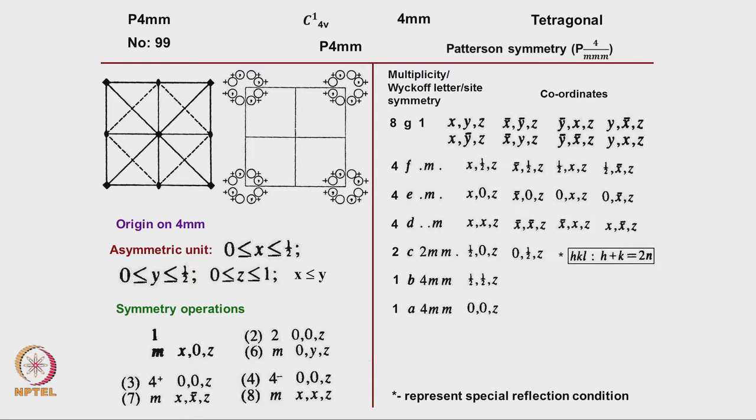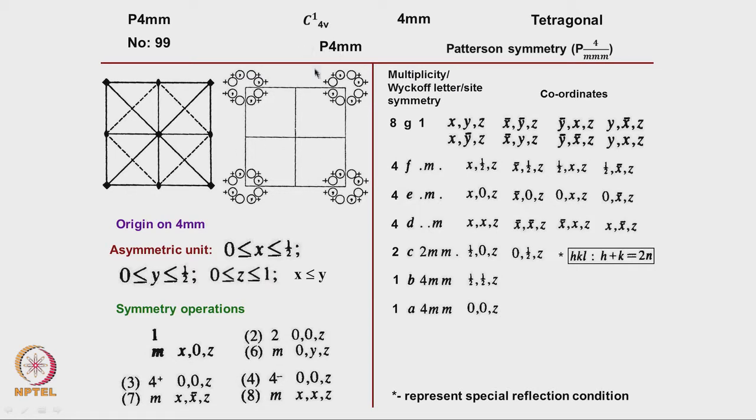Another case which we will consider is a primitive lattice which has 4 mm point group symmetry. Okay. This is the way it is represented: it is tetragonal, and the point group symmetry is 4 mm. Okay. This is the Schoenflies symbol.